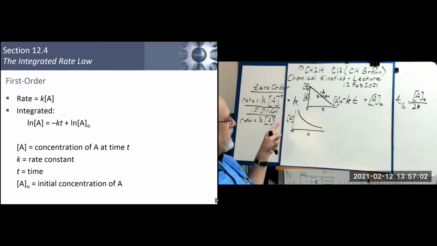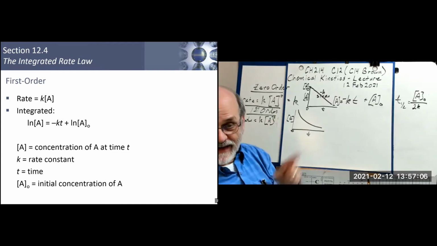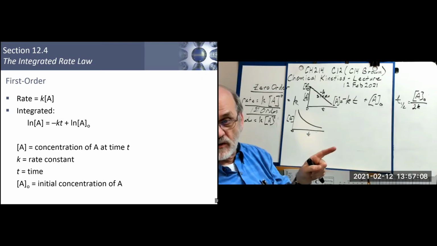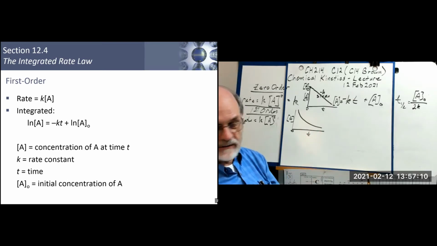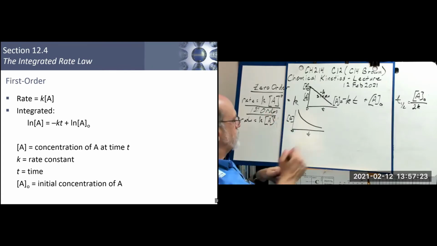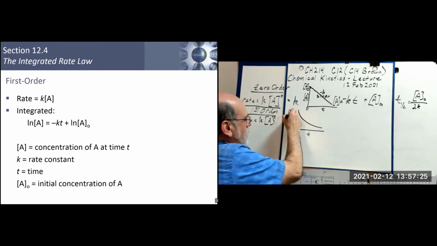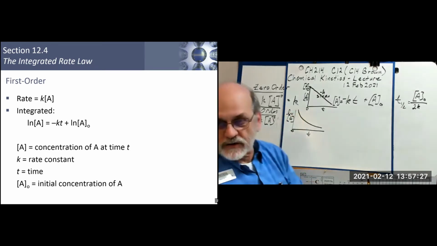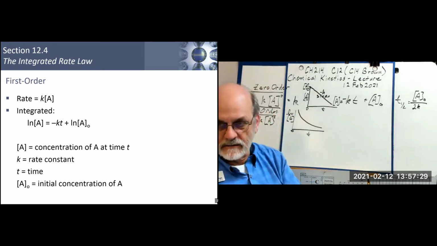So how do we get a straight line out of this one? Well, the way you get a straight line out of that one is to take the natural log of the concentration. So if you got this value for the actual concentration, if you take the natural log of the concentration, and remember logs have a base, right? The log is dependent upon the base.